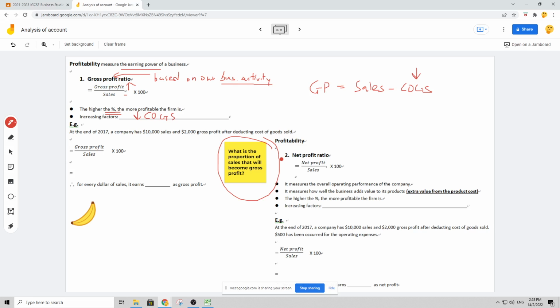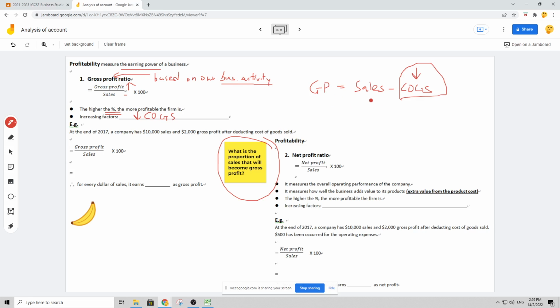Because it doesn't really matter how much sales we have. If we have a really high cost of goods sold, which is how we get the amount of gross profit, then you're not earning anything. Profit is what a business is looking for.